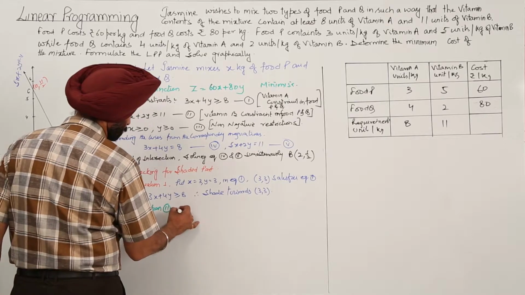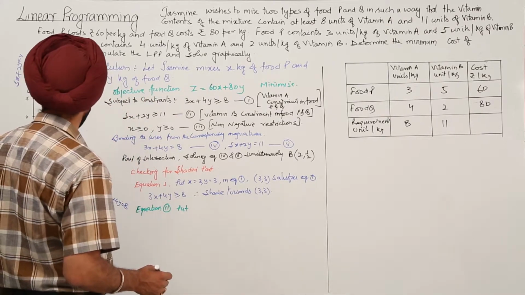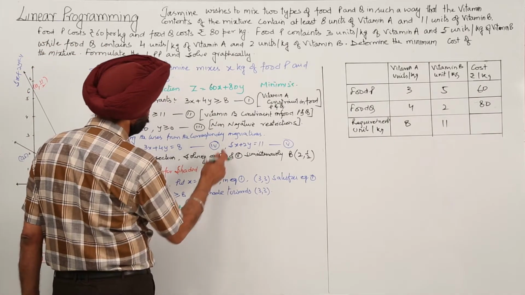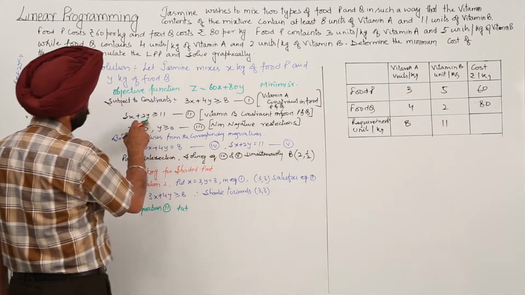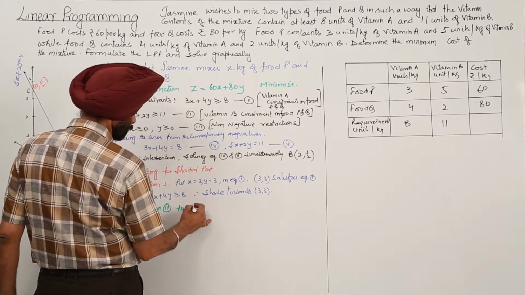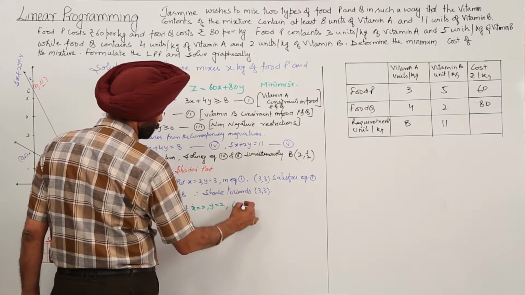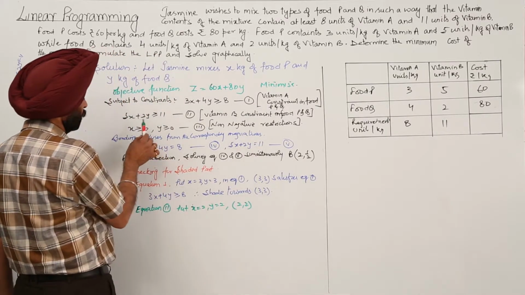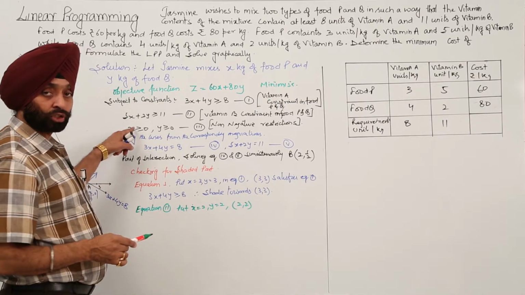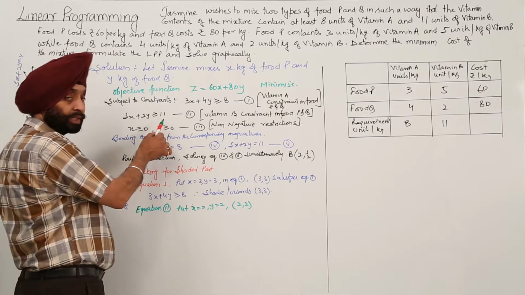Now equation 2. For equation 2, again take the same points, put x is equal to 2, y is equal to 2, 2 comma 2. Now here 5 times 2 is 10, 2 times 2 is 4, 10 plus 4 is 14 and 14 is greater than 11.